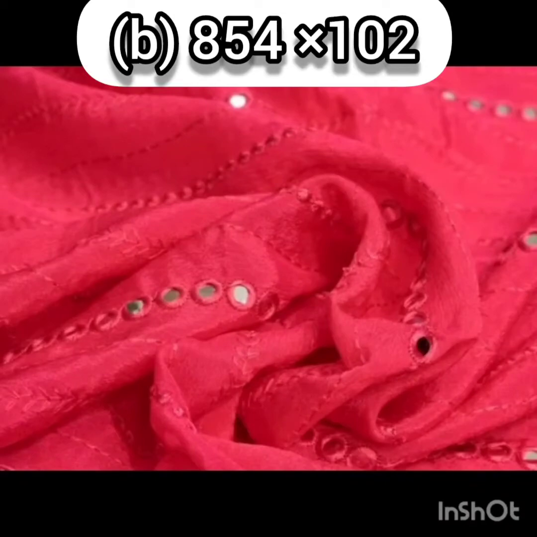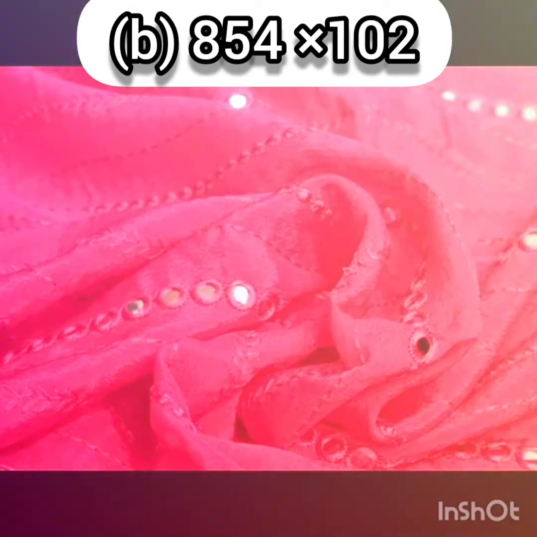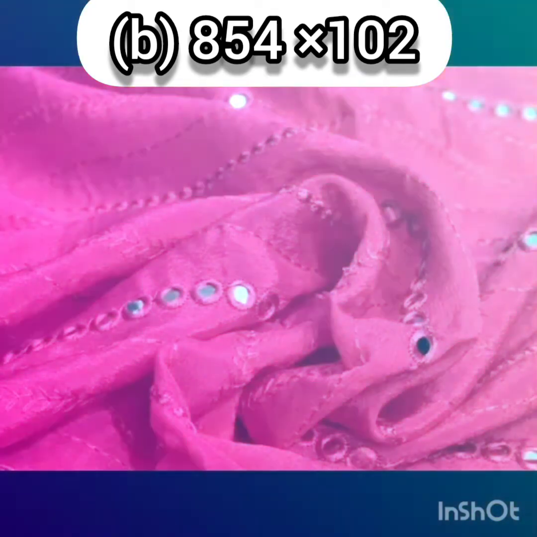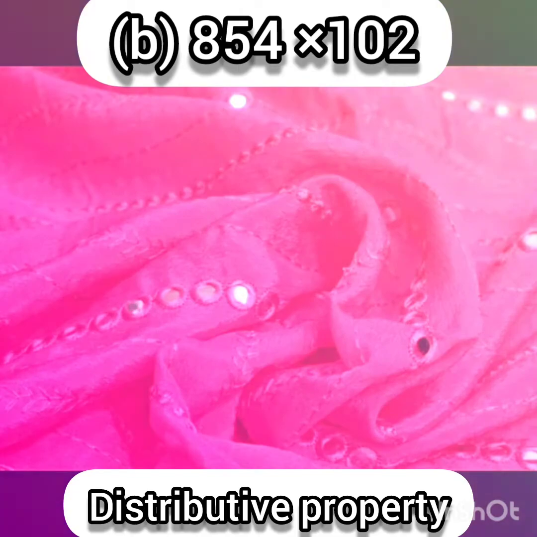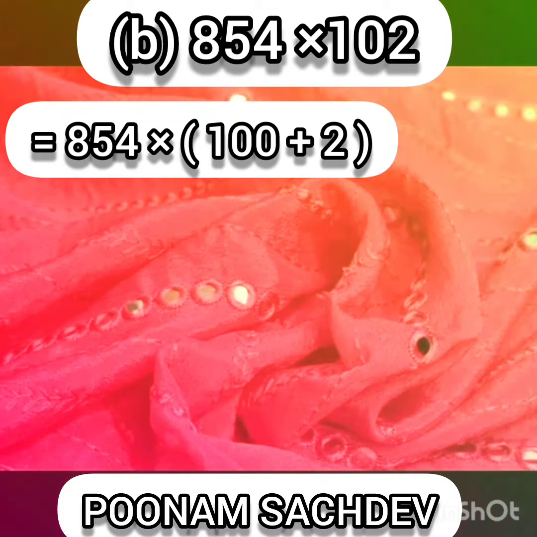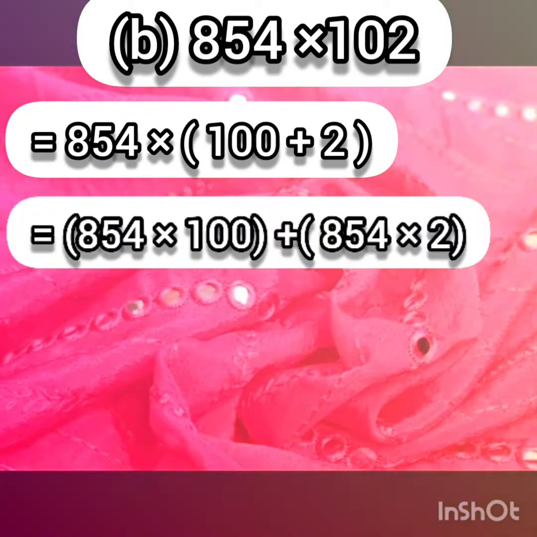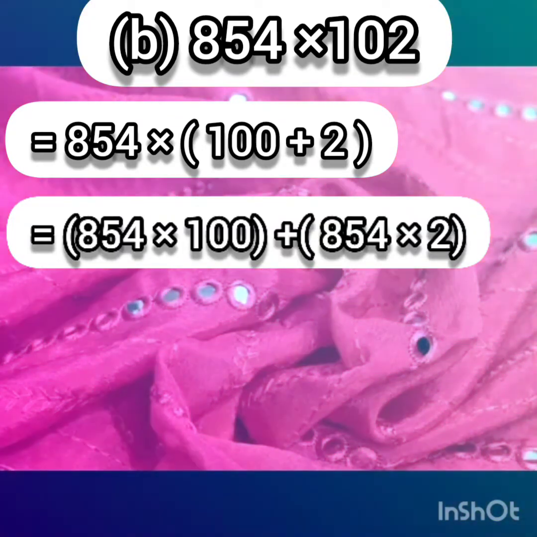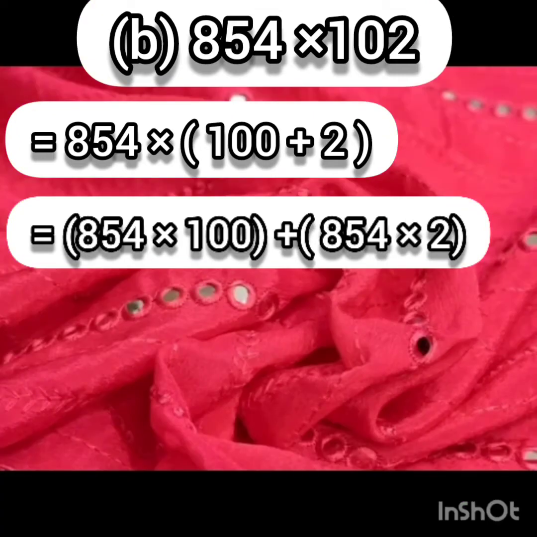B. 854 into 102. Let's apply distributive property. 102 can be written as 100 plus 2. Let's multiply 854 with 100 and 854 with 2.